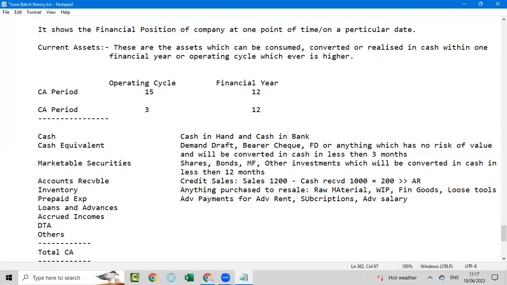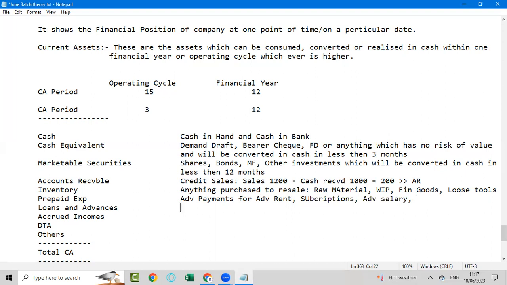So anything for which you have paid, but services have not been given to you, you will not report as an expense. You will show it as a prepaid expense. Once the service is received, this item will become zero, and in the income statement you will show your expenses.